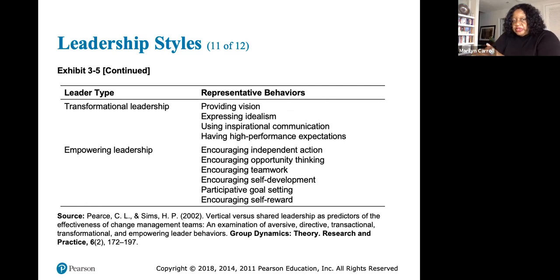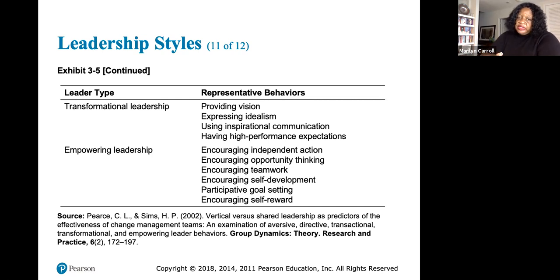Now, transformational leadership, back on that, we have providing vision, expressing idealism, using inspirational communication, and having high performance expectations. I am, like I said, I believe in transformational leadership. I'm more like that. But in any kind of leadership situation, you must have a balance, okay?